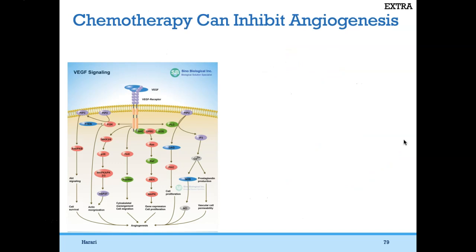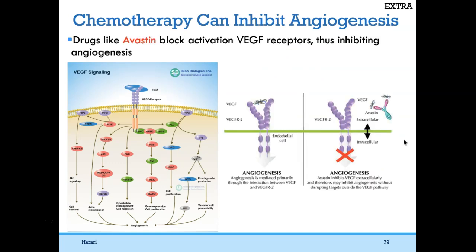There are other chemotherapies that work very well to inhibit angiogenesis. There's a drug called Avastin that blocks activation of the VEGF receptors, so they cannot do angiogenesis. So if this is a cancer cell, this is a blood vessel. VEGF is normally on the blood vessel and will tell the blood vessel to grow.